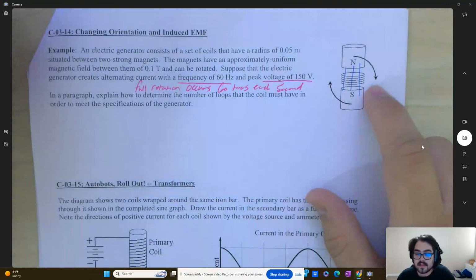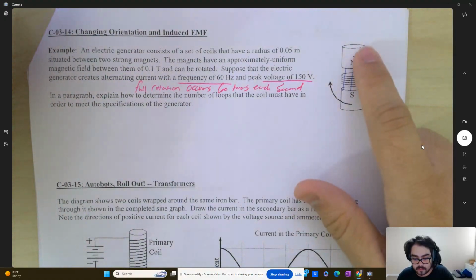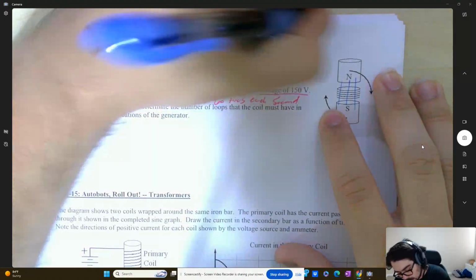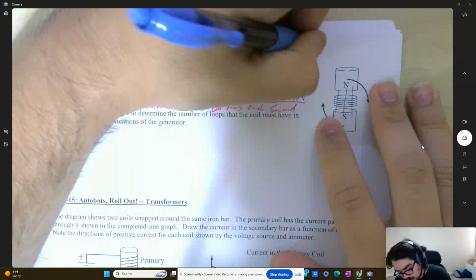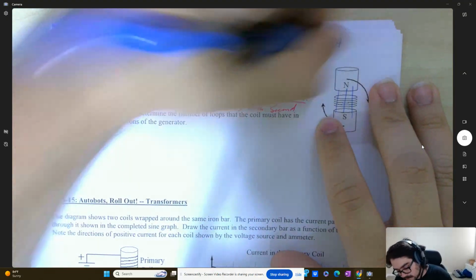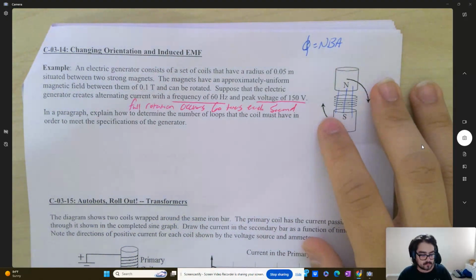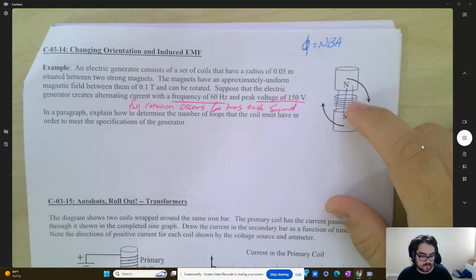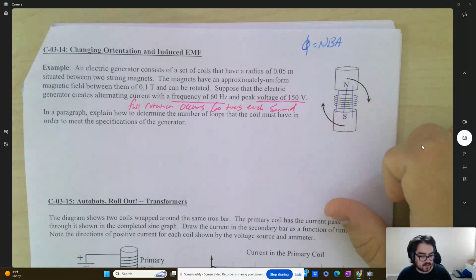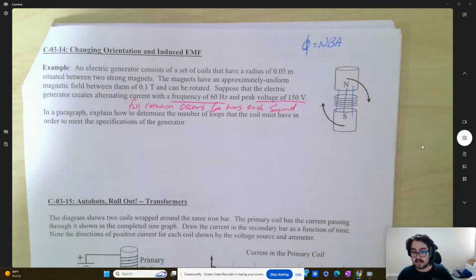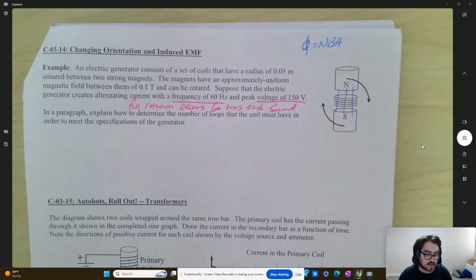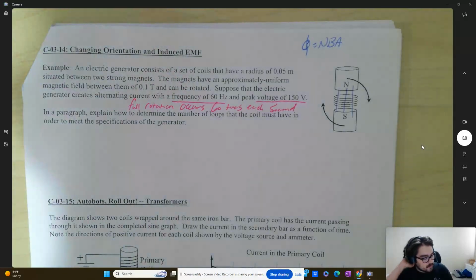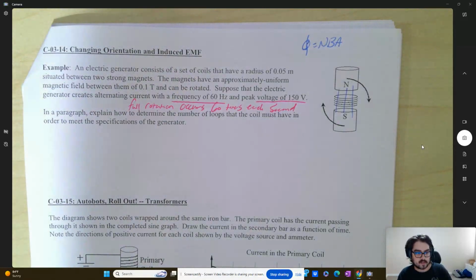When they're vertical, the flux is just NBA, because the area vector would be parallel to the magnetic field, and so you wouldn't need to worry about that cosine theta.